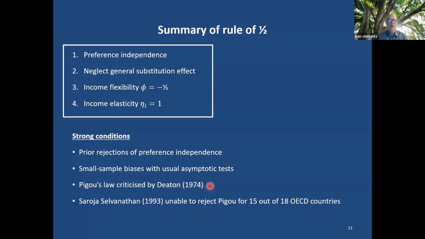And in a very highly cited paper, Pigou's law was very strongly criticised by Deaton, but subsequent to that, Saroja Selvanathan considered Pigou's law for 18 OECD countries, and for 15 out of the 18, she was unable to reject Pigou's law.